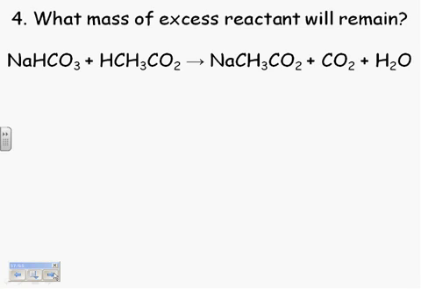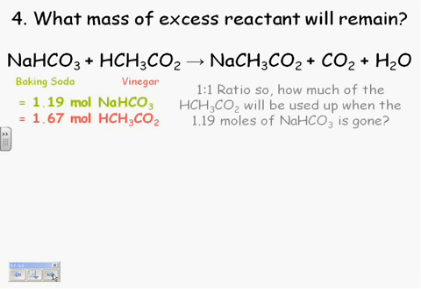So remember that we said baking soda was going to run out first here. That means there's going to be some extra vinegar left over. The question is how much extra vinegar is left when everything's said and done. Well, in this problem, again, it's the simplest limiting reactant problem I could probably give you. This question isn't so tough.